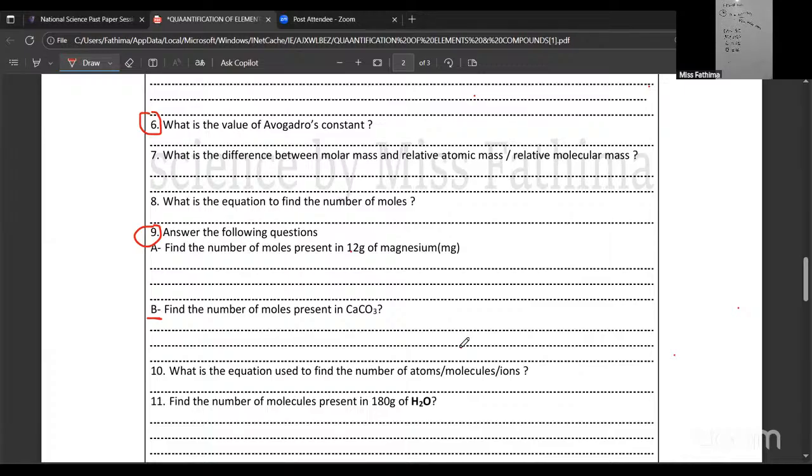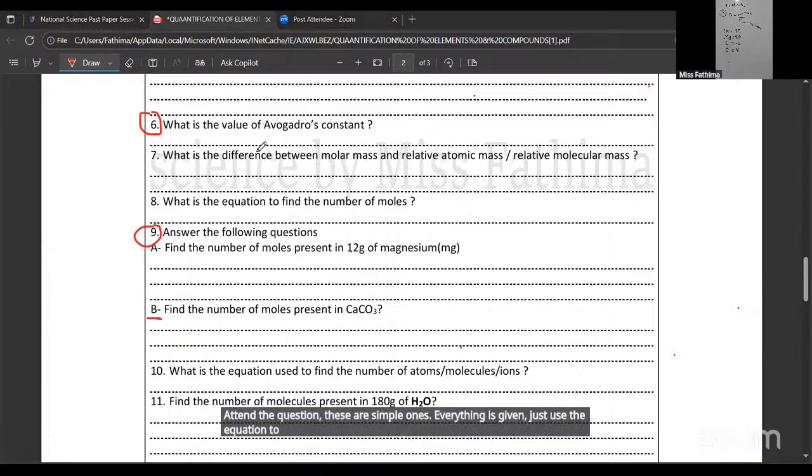Attempt the question. These are simple ones. Everything is given. Just use the equation to find it. That's the only thing that you have to do.